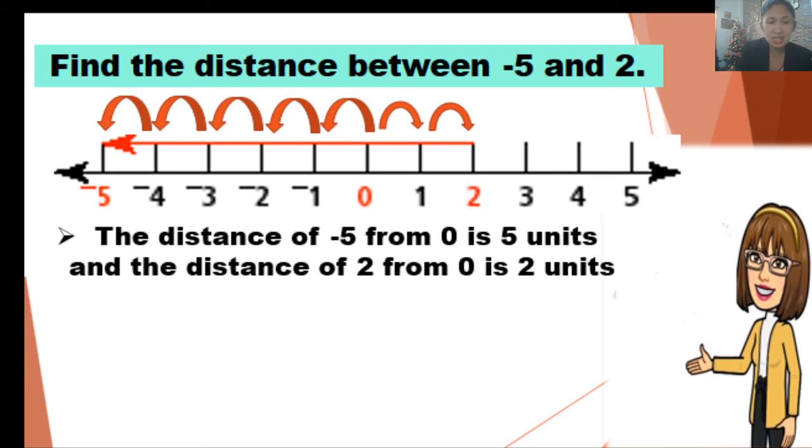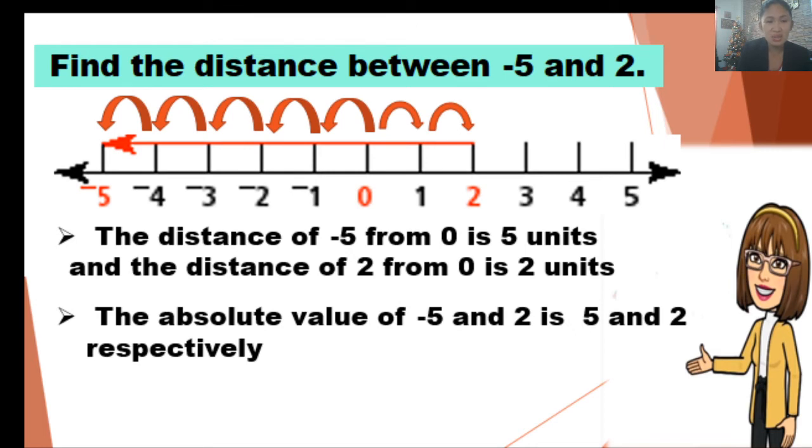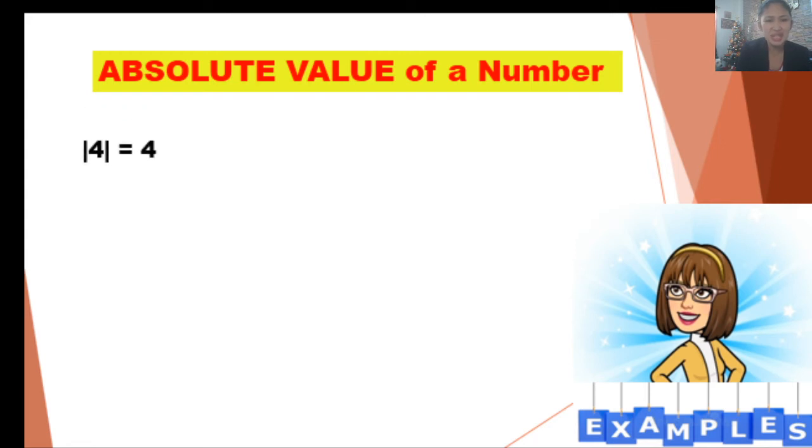The distance of 2 from 0 is 2 units. So you add it: the absolute value of negative 5 and 2 is 5 and 2 respectively, or it's 7. That's how we write the distance between negative 5 and 2, or the absolute value of negative 5 plus the absolute value of 2. It is 7.